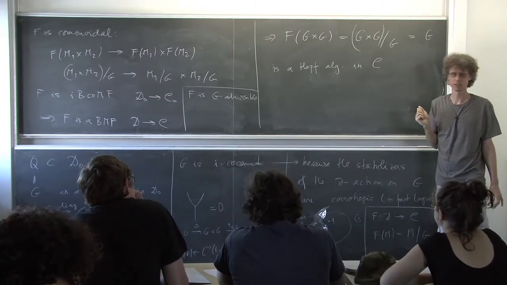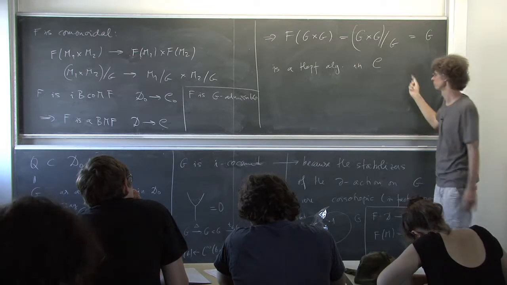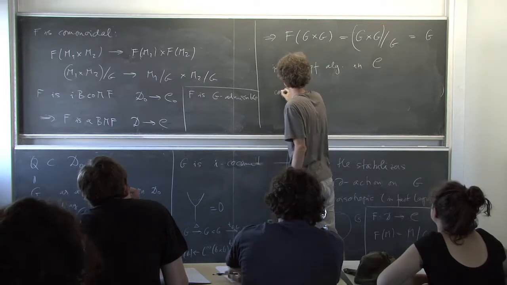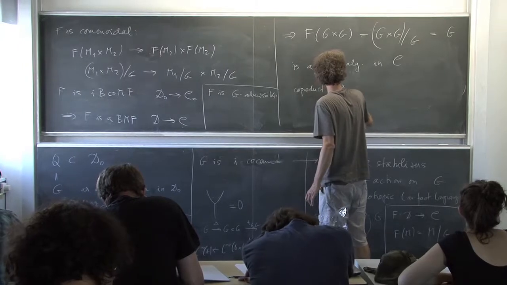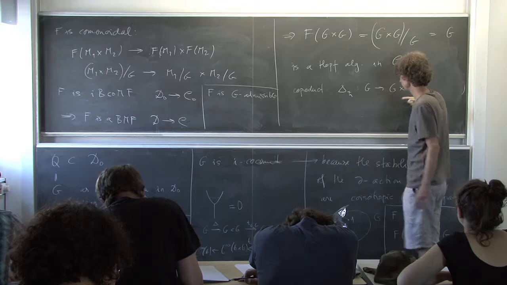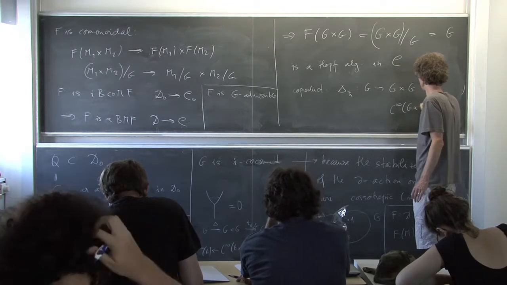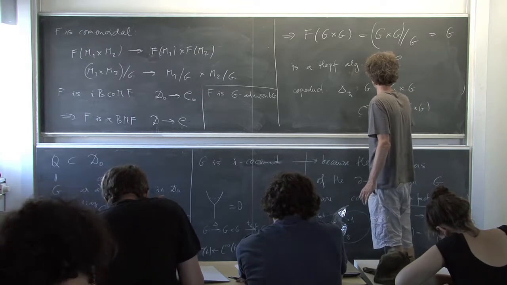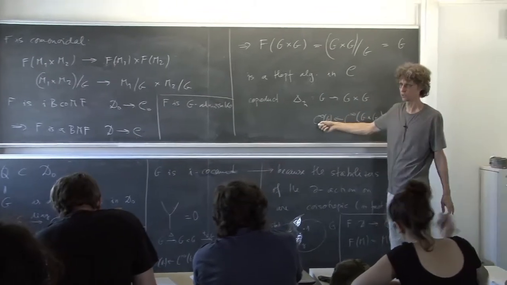One should then still check that, okay, say there is a coproduct. So there is some kind of quantized coproduct going from G to G times G, or in other words, it goes from C infinity of G times G to C infinity of G. So this is an associative product.